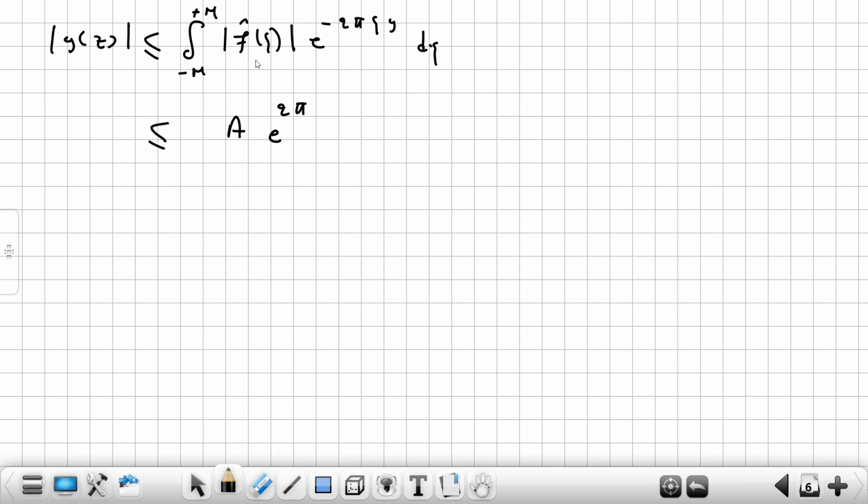Now psi is between minus M and M, so since we have the minus sign here, we take 2 pi M y, and y is of course less than the modulus of z, so we are done.